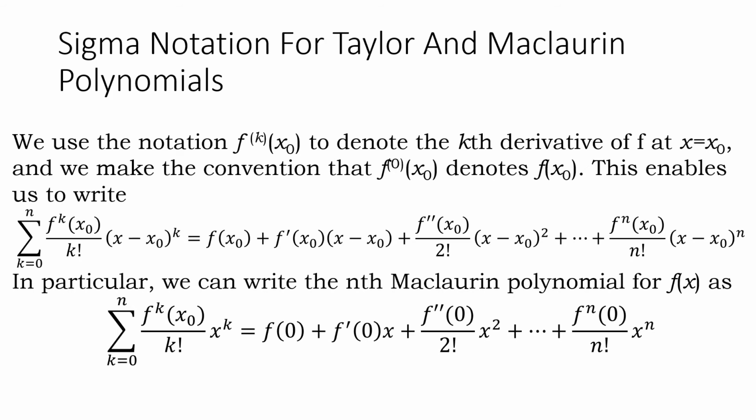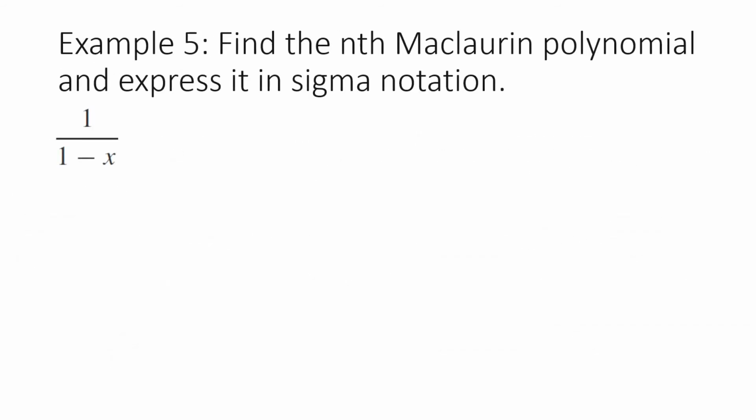Okay, so let's have this example. Find the nth Maclaurin polynomial as expressed in sigma notation for 1 over 1 minus x.